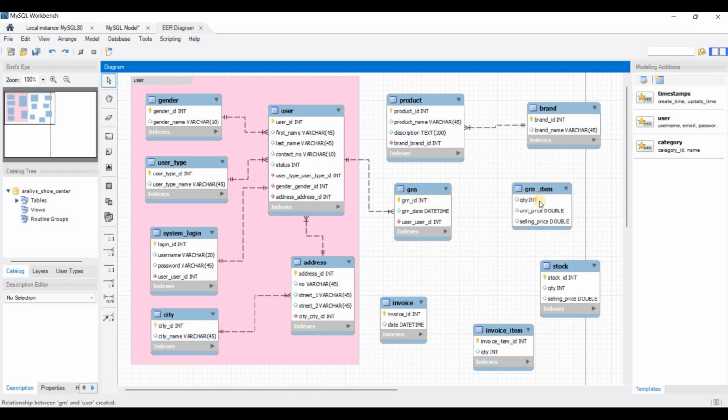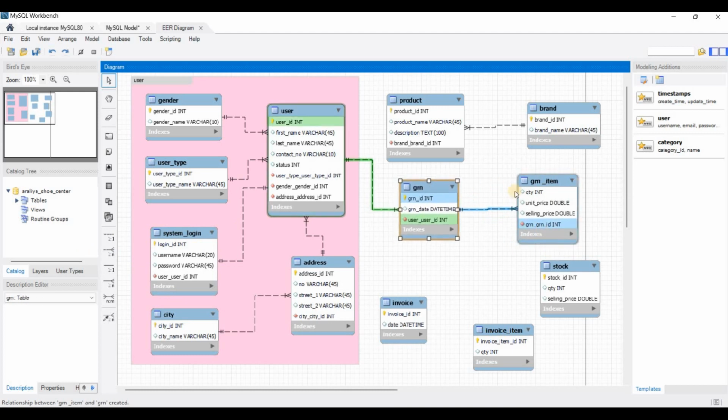But when we get one GRN item, there will be one goods received note for the particular item. So the relationship between those two is a one-to-many relationship. Here's the symbol, here's the many side and here's the one side. So this is the relationship between GRN and GRN item table.